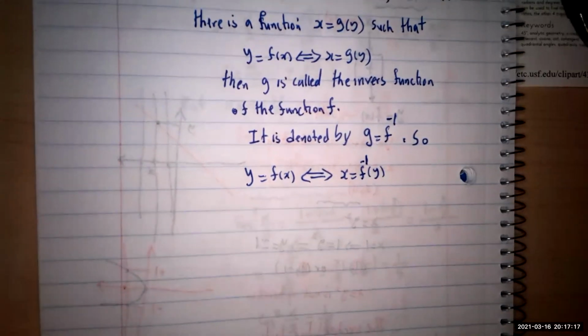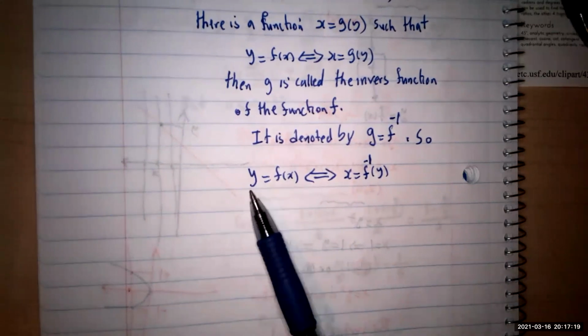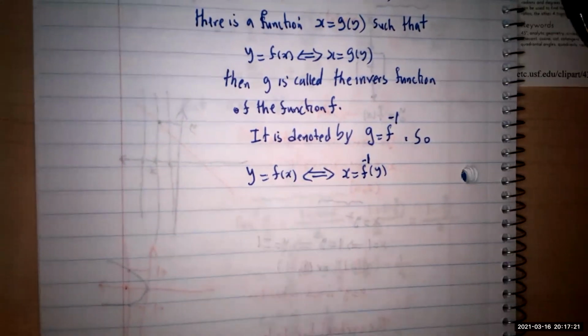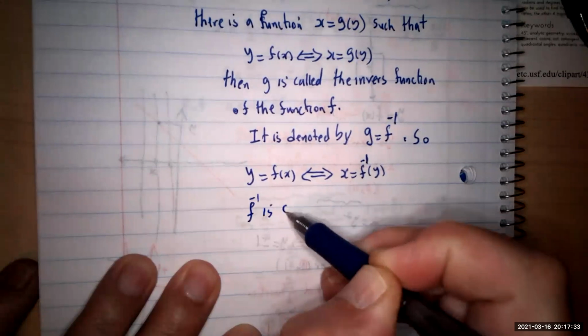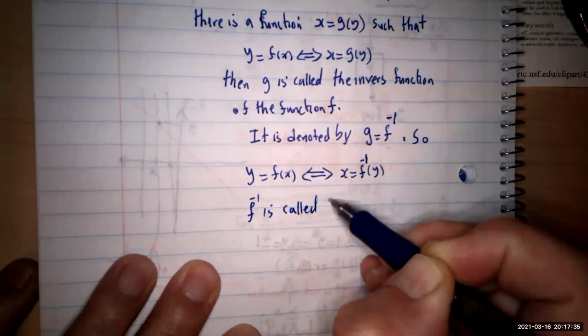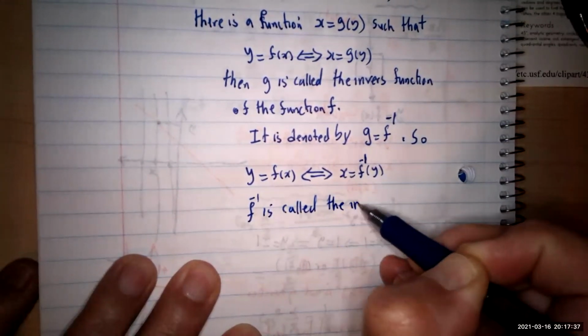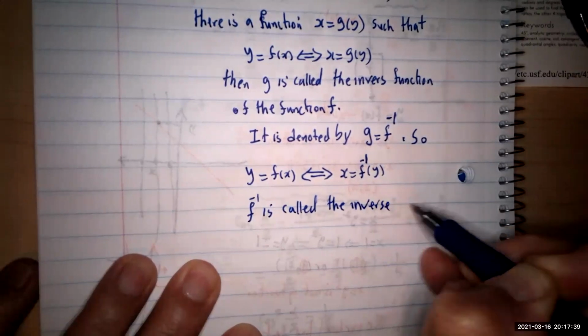So if you give me this equation, and I can solve it for x and the result is a function, then f inverse is the inverse of f, called the inverse function.